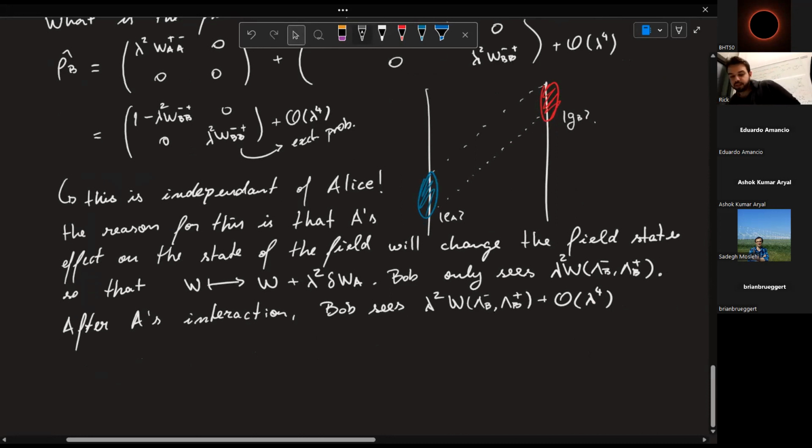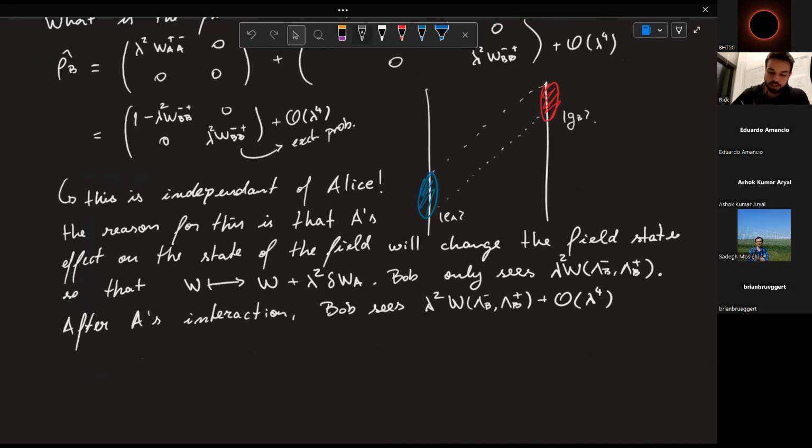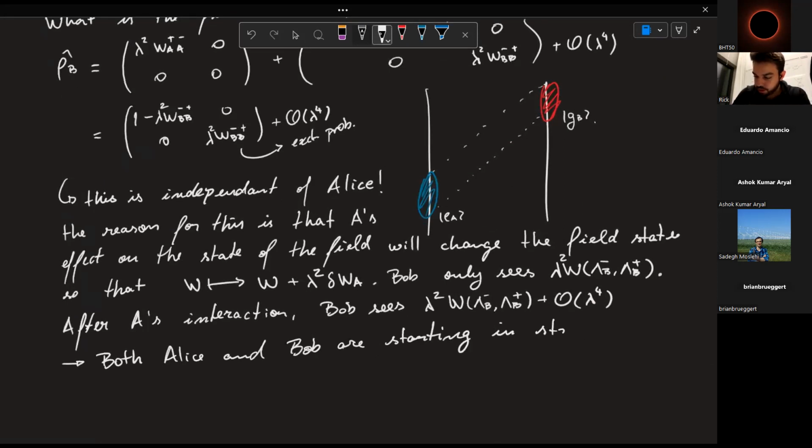The reason is that both Alice and Bob are starting in states such that the expected value of the interaction Hamiltonian in A is 0, and the expected value of the Hamiltonian density in B is 0.